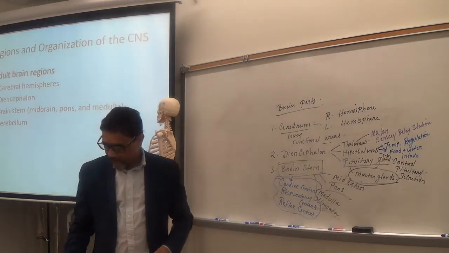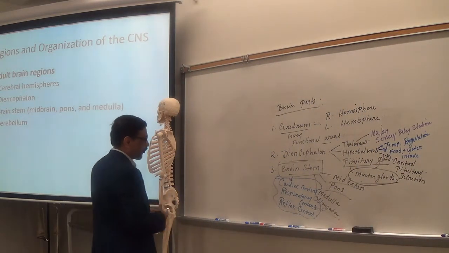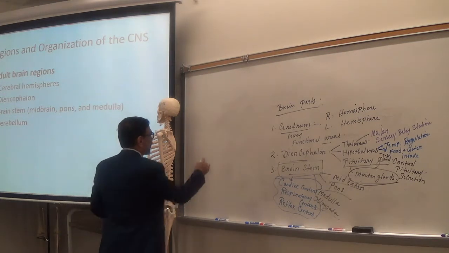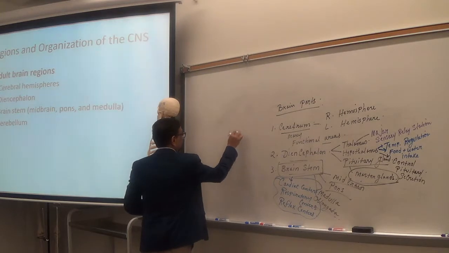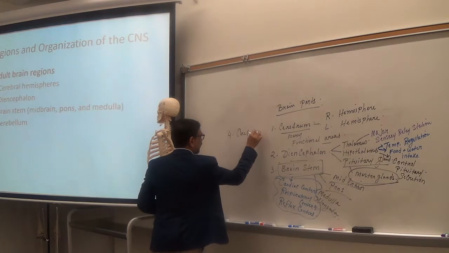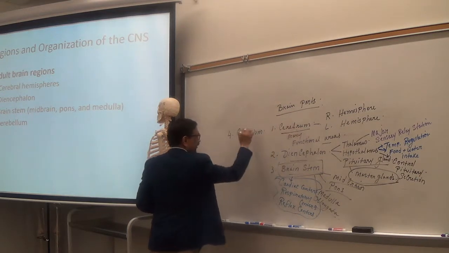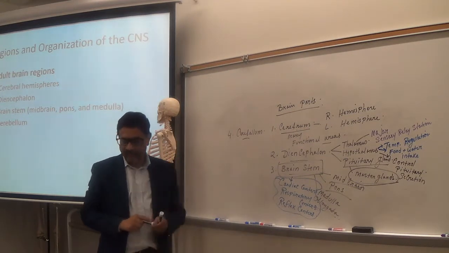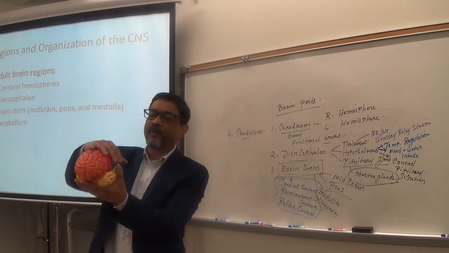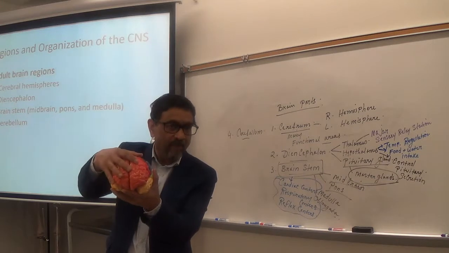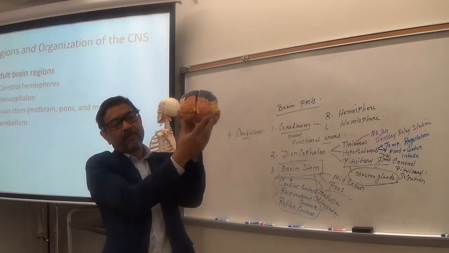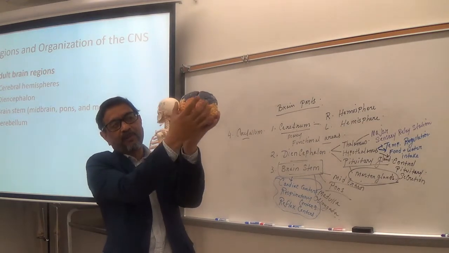The last part is the cerebellum. So number 4 is the cerebellum. So cerebrum and cerebellum are two different structures. Cerebrum is this whole sphere. Cerebellum is below the back part of the cerebrum.